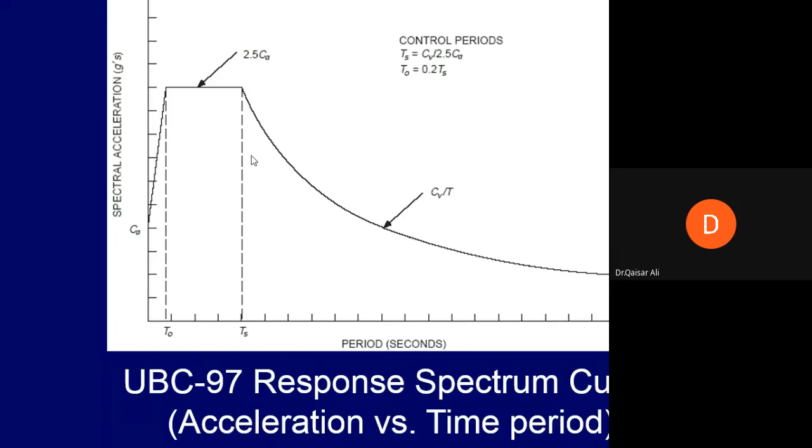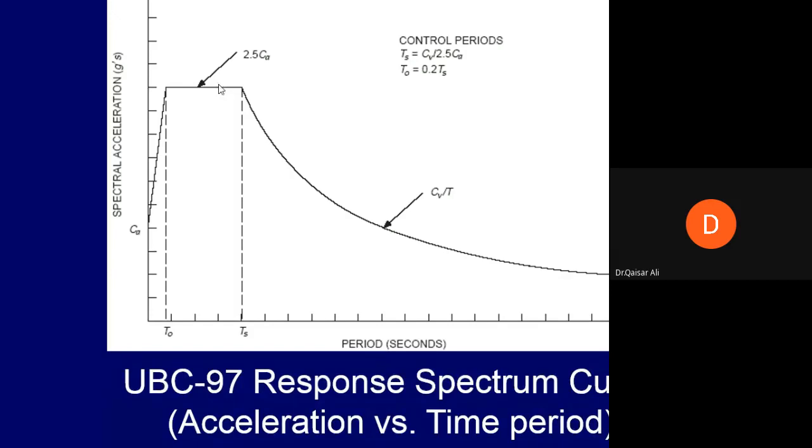So whenever near field records are used for development of the response spectrum curve, now I think you will be able to understand that there will be an amplification between the short period structures and the short period seismic wave components which exist in the earthquake record obtained from the near field.